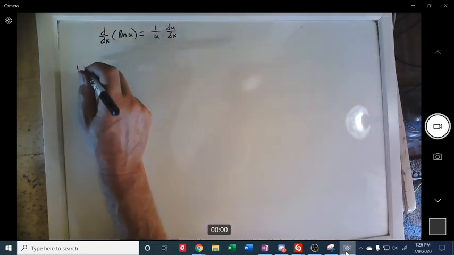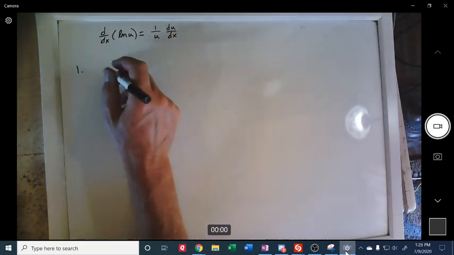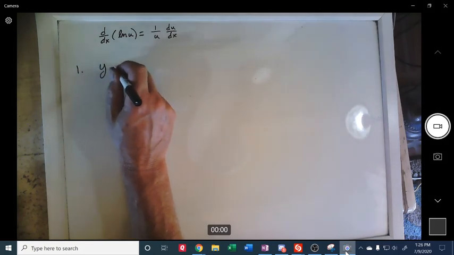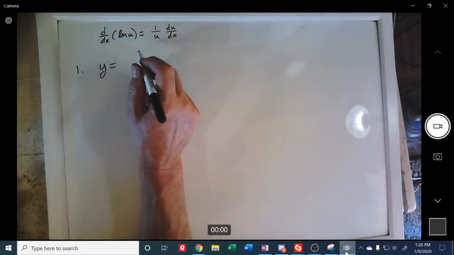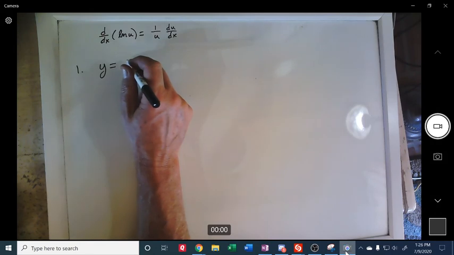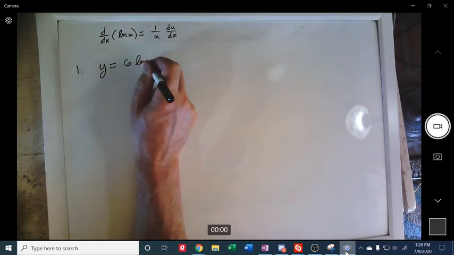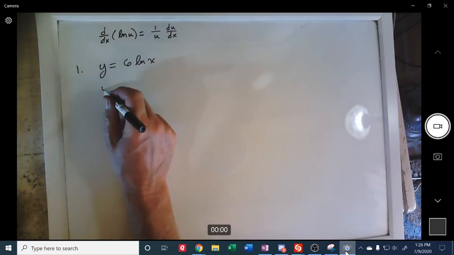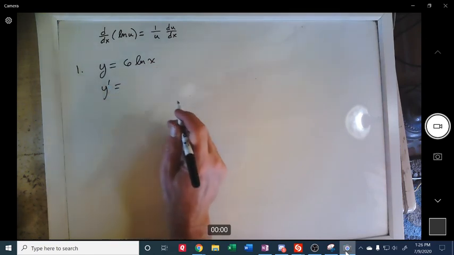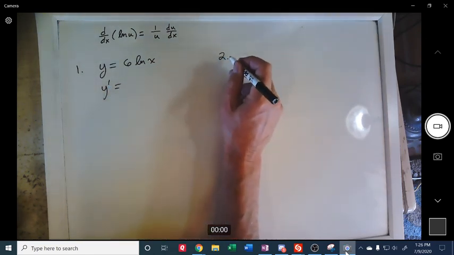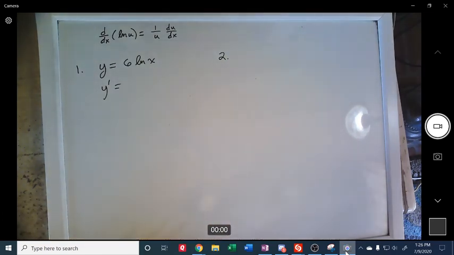And let me give you a couple problems to get comfortable with this rule. y equals 6 ln x, find y prime. I'm going to give you 30 seconds for this.